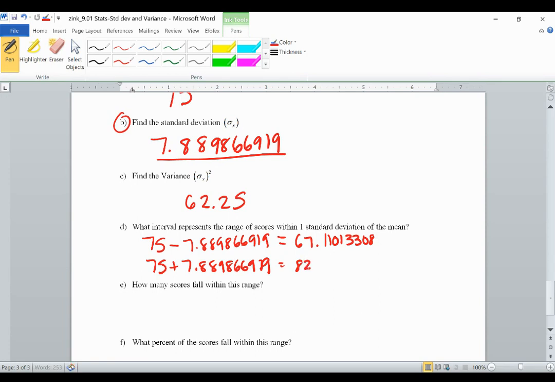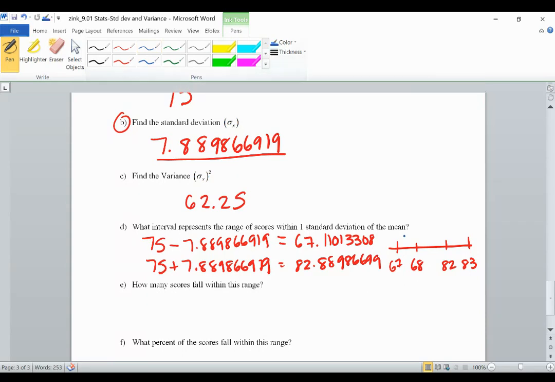And then we want to figure out what integers we need to be between. So I'm going to draw that number line again just to figure this out. So 67.1, that's going to be between 67 and 68. 82.8 is going to be between 82 and 83. Let me change colors. So 67.1 is going to be right after 67.